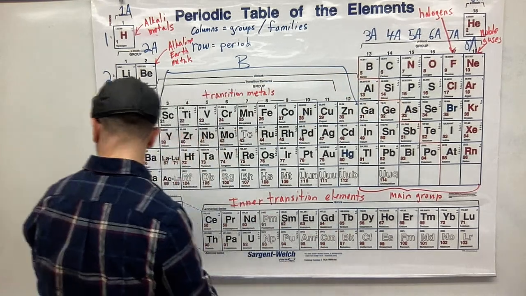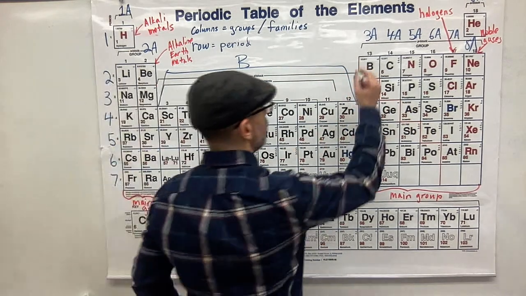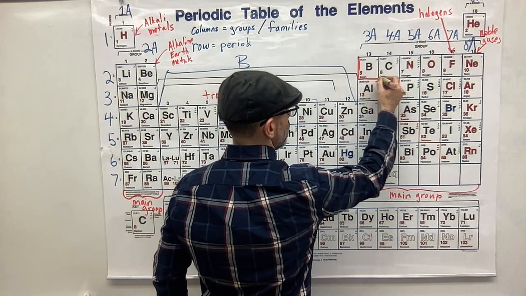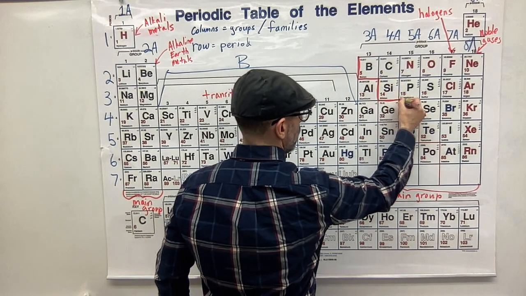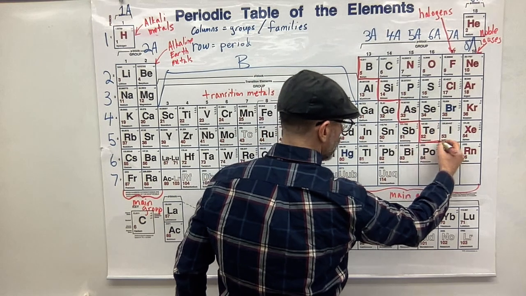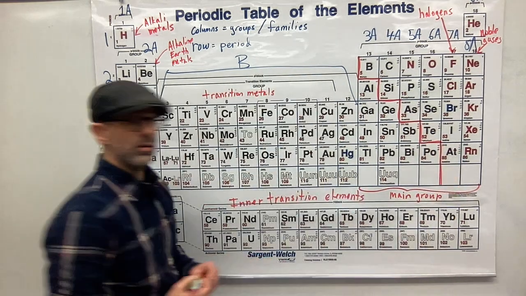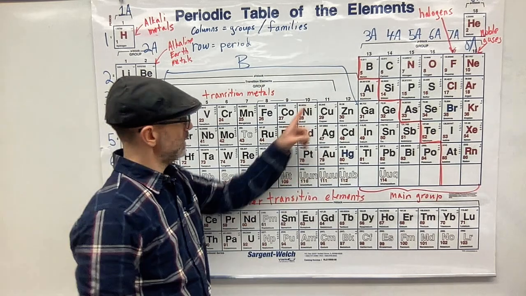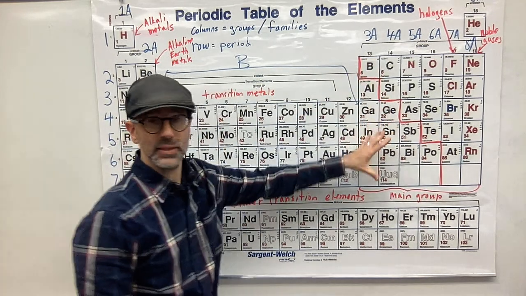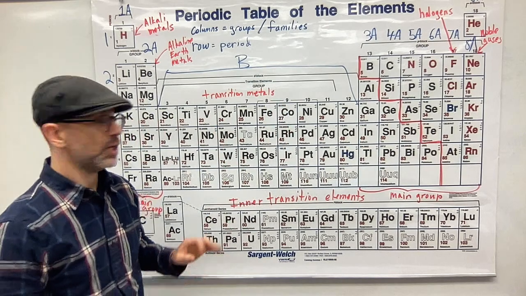So maybe I can make that a little bit better. So if I do this, maybe that will make it come out more clearly. So this stairway basically divides metals and nonmetals.